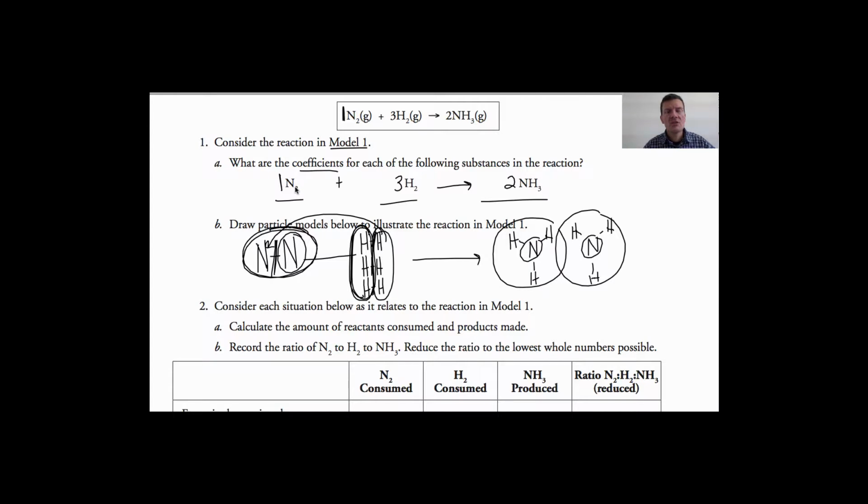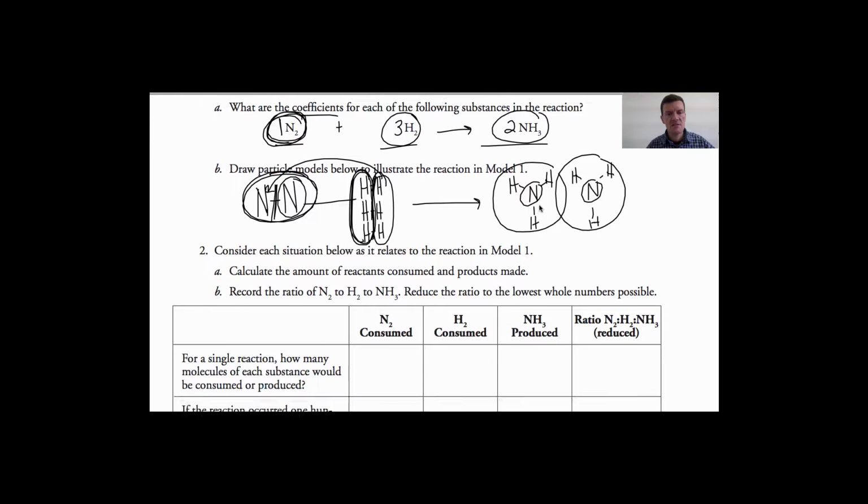So we've got 2 nitrogens on both sides. 2 here that were in the original molecule, and there's one in each of the ammonia molecules, but there are 2 molecules of ammonia. The 6 hydrogens here, there are 2 in each of the 3 molecules. Now there are 3 in each of the 2 molecules, but there's still 6 on both sides. Conservation of mass equation is balanced, or the reaction is balanced.